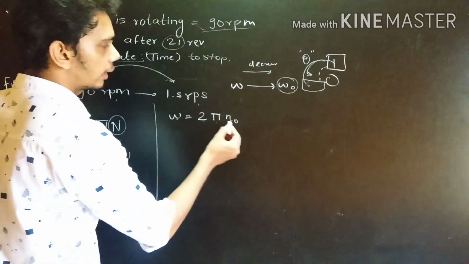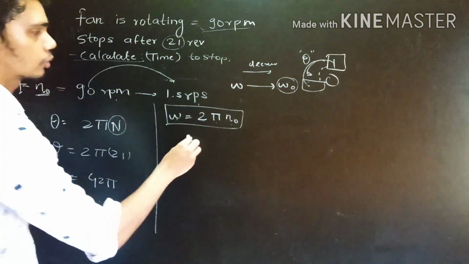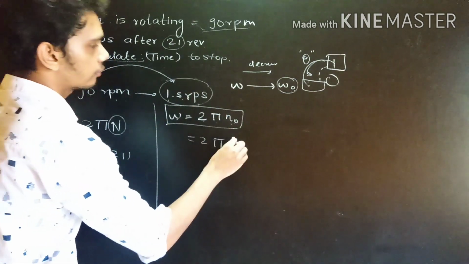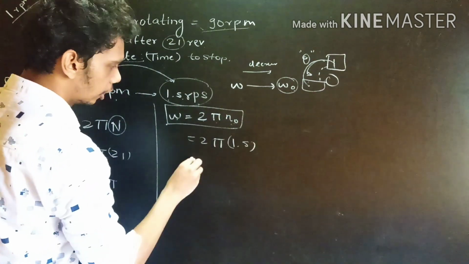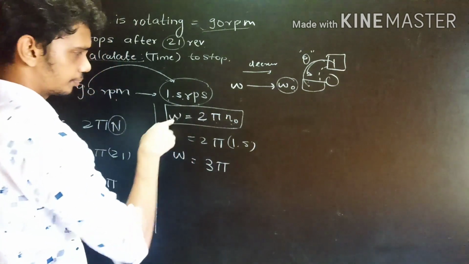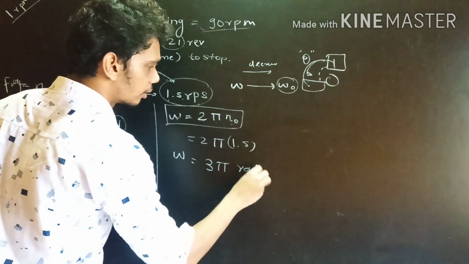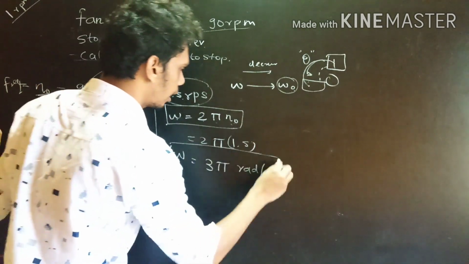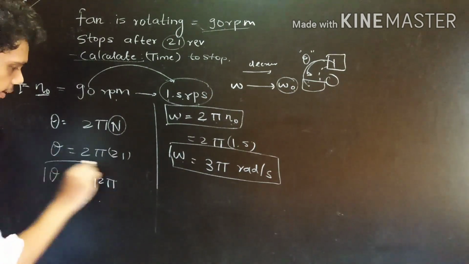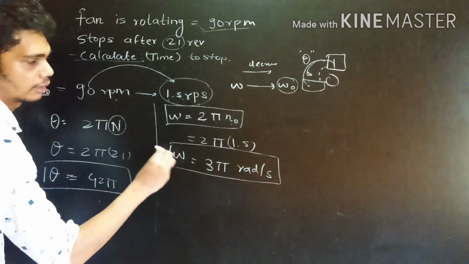So 2 pi n is the formula for finding that. So 2 pi n0 is 2 pi times 1.5 that we have already calculated. So the answer is 3 pi. The SI unit is radian per second. So we now have the value of theta as well as omega. Theta value is 42 pi, omega value is 3 pi.